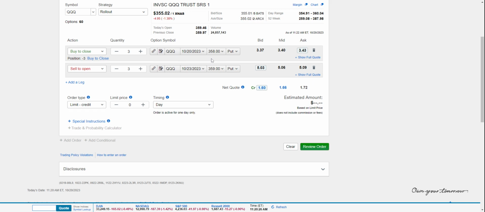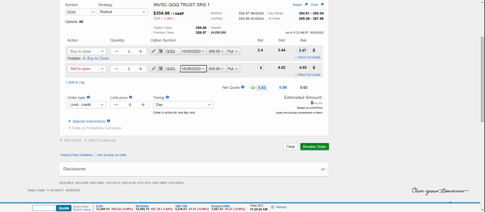Now I have to go out to another expiration date, the closest one being Monday. But because I want to get a net credit and I want to go out of the money, I want to have this option strike price lower than 355. So let's go to 354. I might move these around a little bit and see.